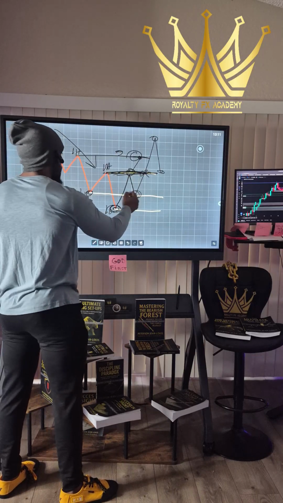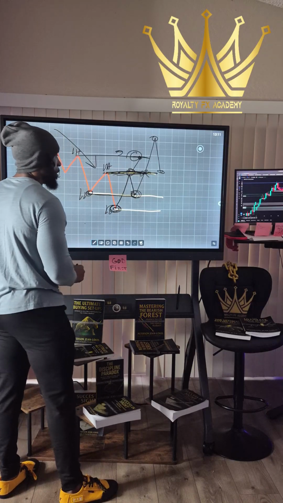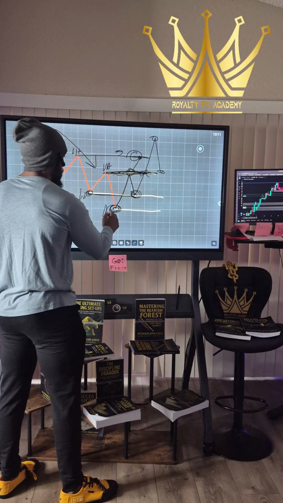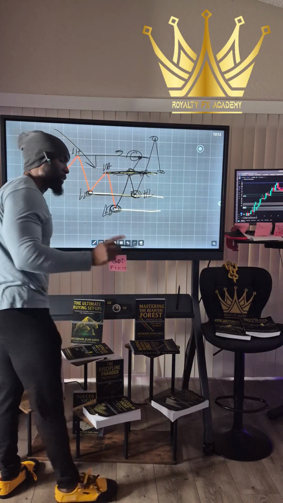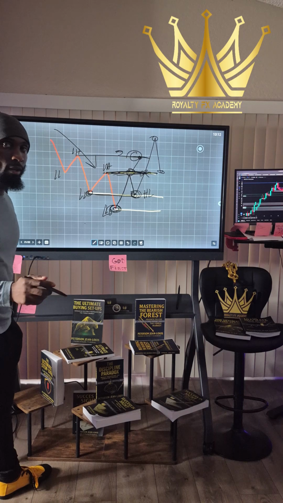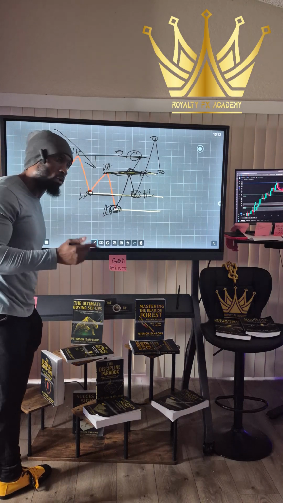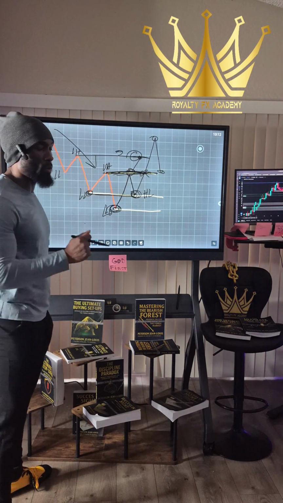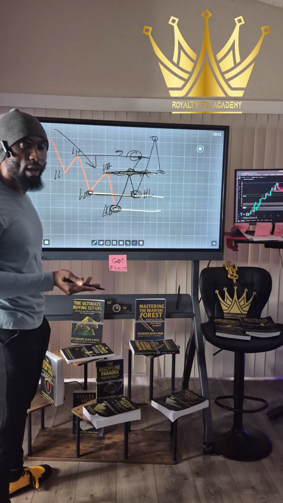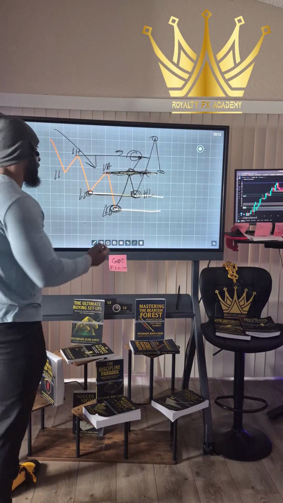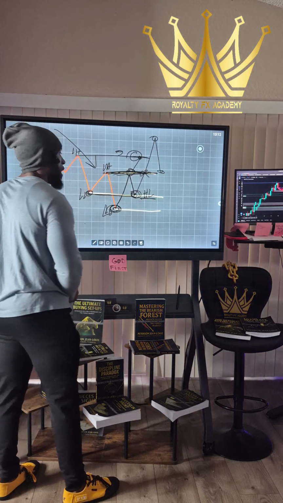Now this buy off this zone, this structure point, since this is a lower low, will be considered a higher low. Yes, the market will always give you a higher low before giving you a higher high, because normally you get a higher high to a higher low, and so on and so forth. So this will be considered a higher low.